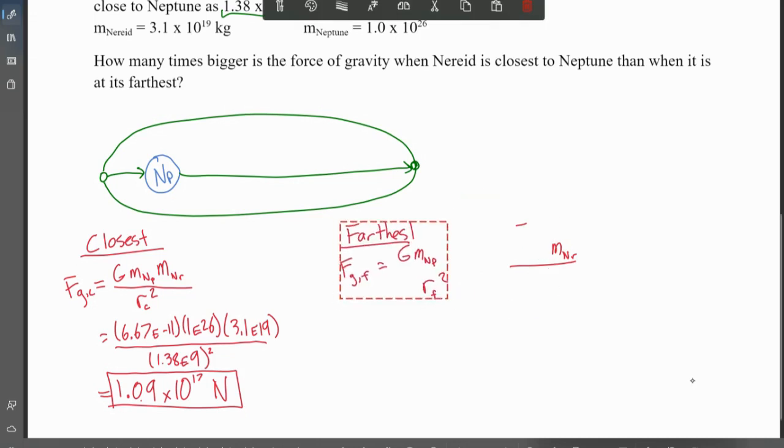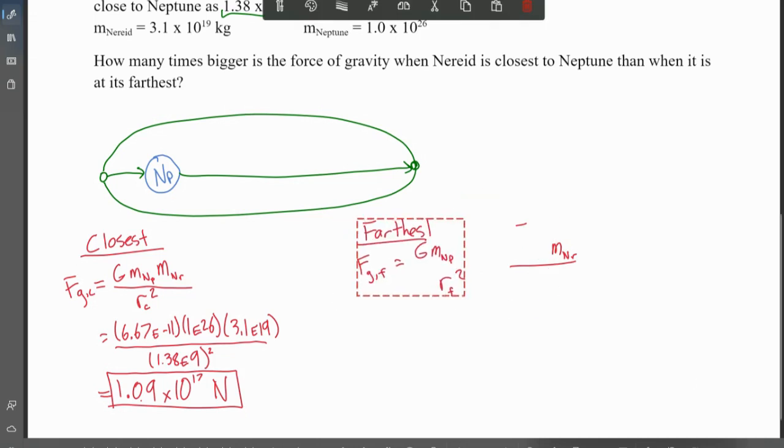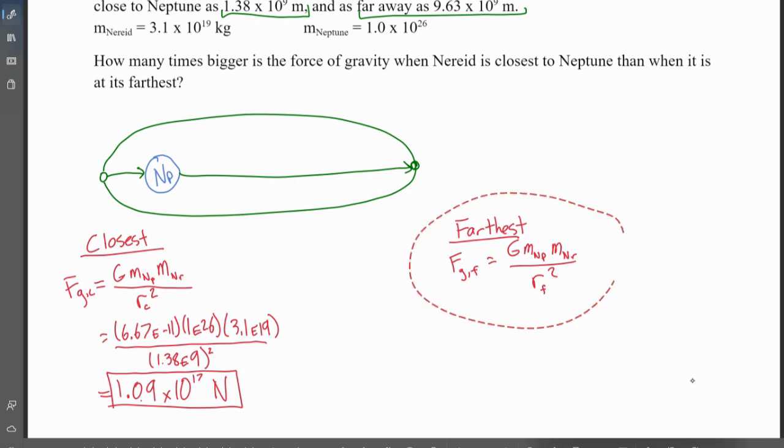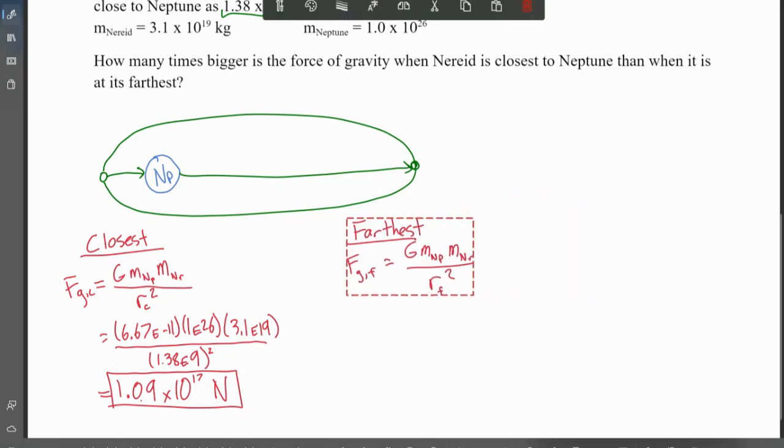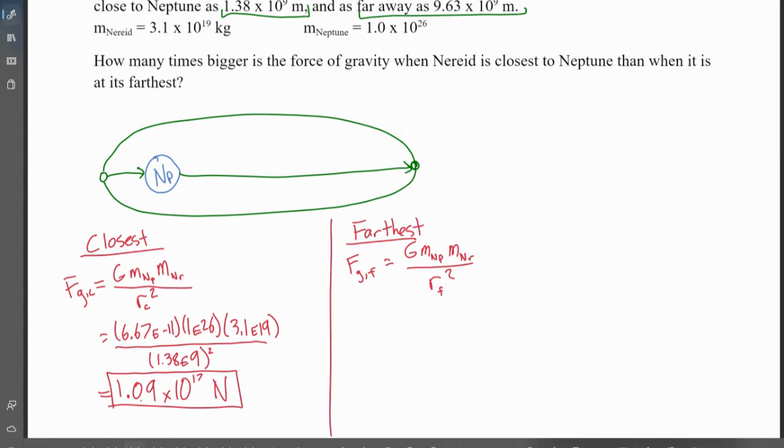Okay. So that's when Nereid is at its closest. Let's now find out when Nereid is at its farthest. What's the force? It's going to be the same exact numerator. G, 6.67 times 10 to the minus 11. Mass of Neptune, 1 times 10 to the 26.